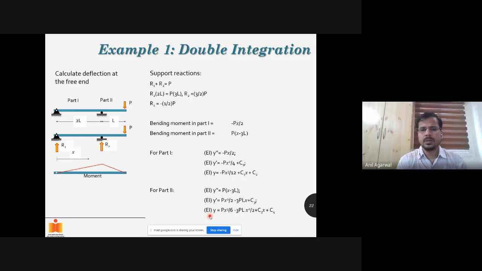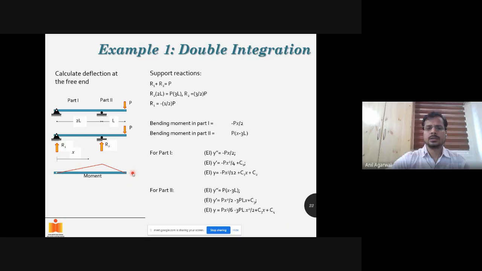For the second part, y is equal to px cubed by 6 minus 3PL x squared by 2 plus C3x plus C4, the whole thing divided by EI. Straightforward. Now we have to solve for C1, C2, C3, C4. If we can get their values, we will get the deflection everywhere, correct?